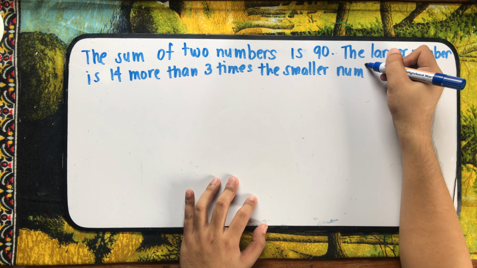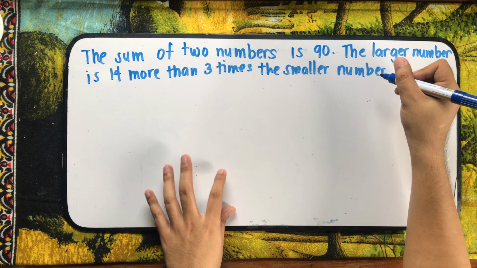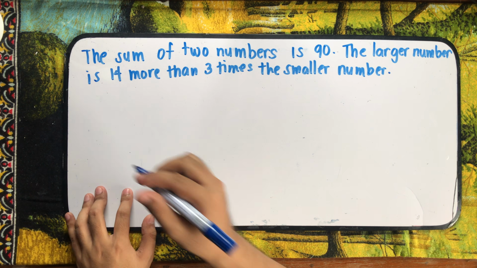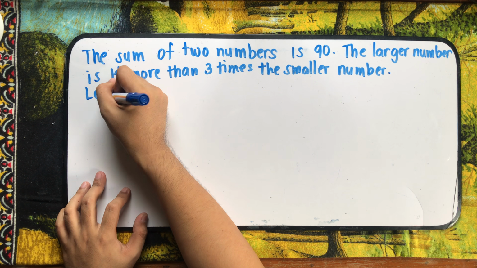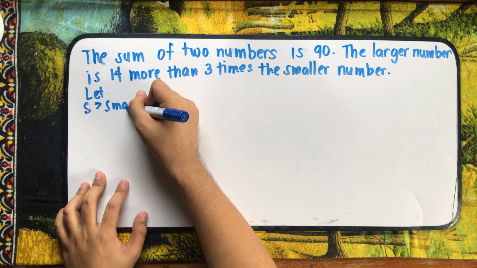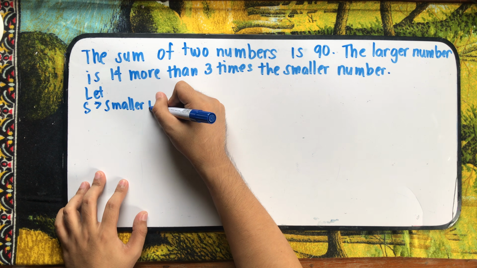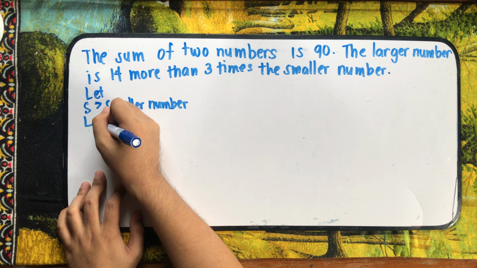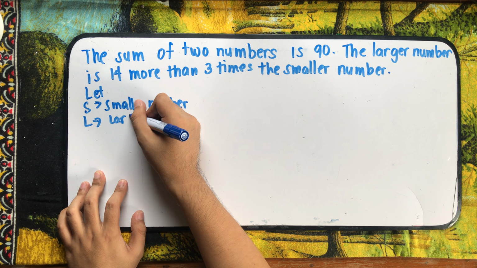What are the numbers? So we're asked to get the numbers. So let's say, let S be the smaller number and let L be the larger number.